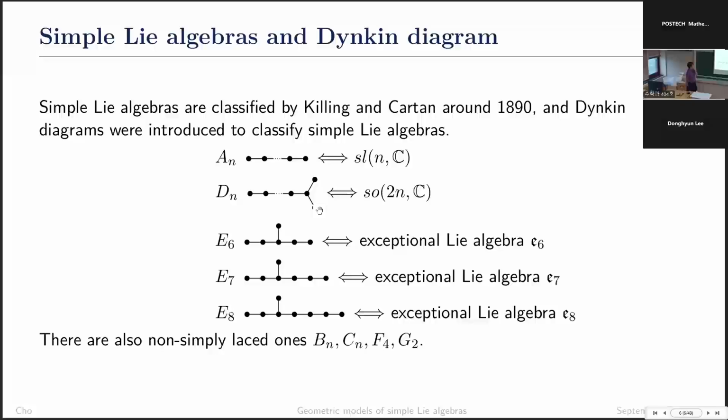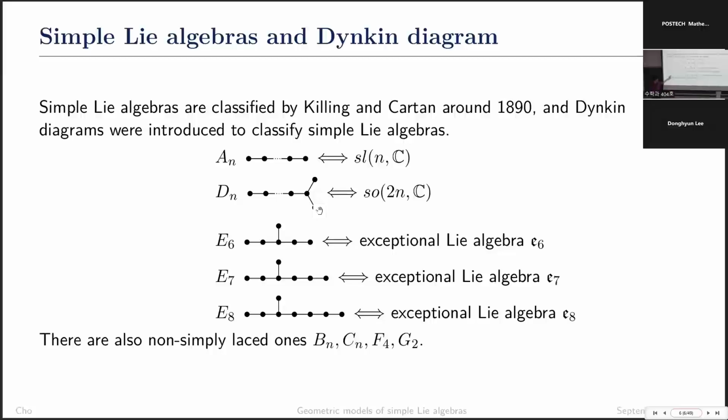So the theorem is that the simple Lie algebras are given by this ADE family together with another family, which is called non-simply laced. Their Dynkin diagrams have multiple edges and arrows. We will not talk about these non-simply laced ones.